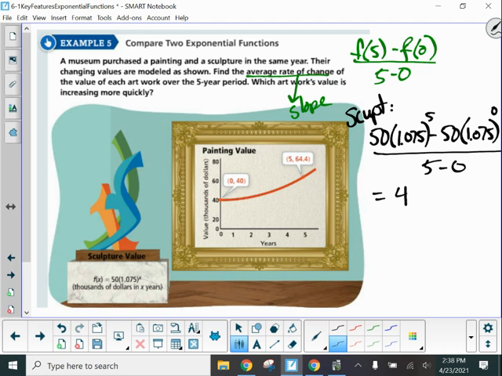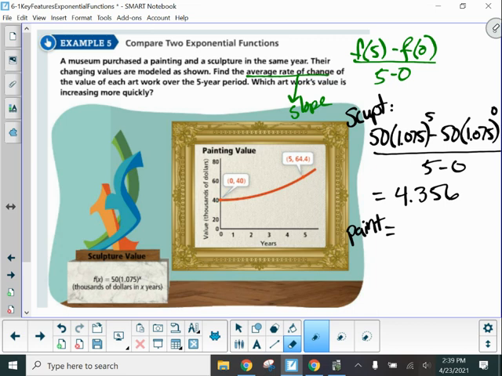And that gives me about 4.356. For the painting, which, by the way, I really enjoy the fact that the painting is of a graph. I could just imagine having a gallery full of artwork and all of it is math graphs and everything like that. That seems pretty great.